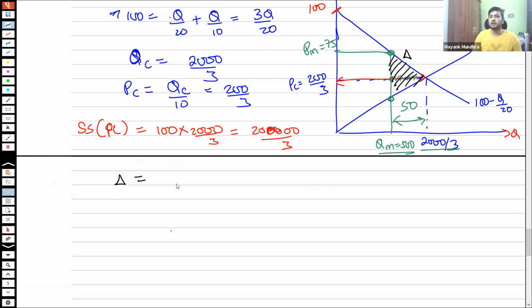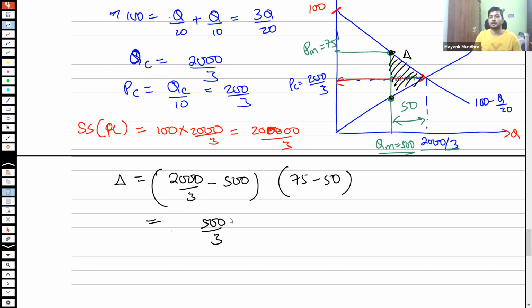Then my delta is basically equal to 2000 by 3 minus 500, into the difference of the prices, which is 75 minus 50, so 25. So this is 500 by 3 into 25, which is 12500 by 3. Okay, so that's the deadweight loss.